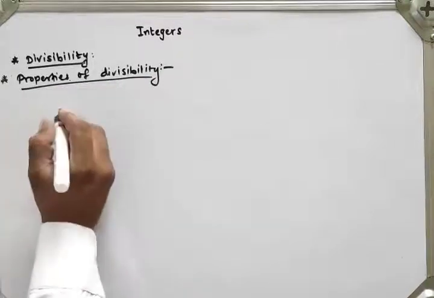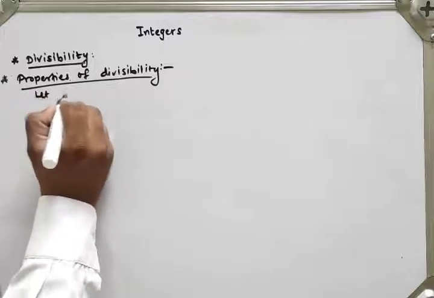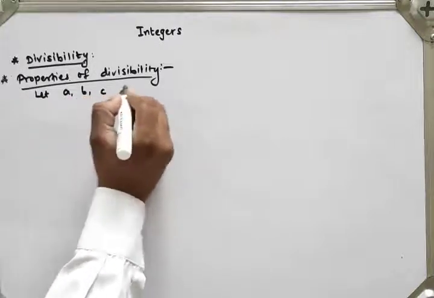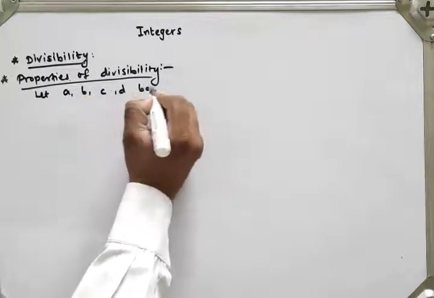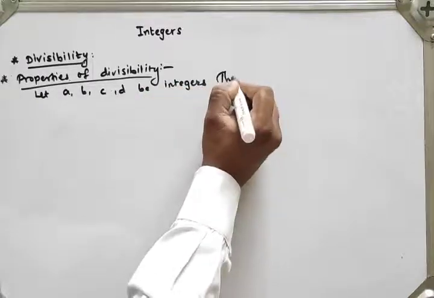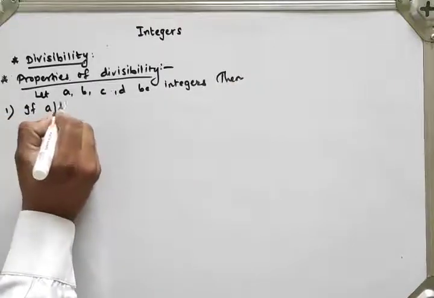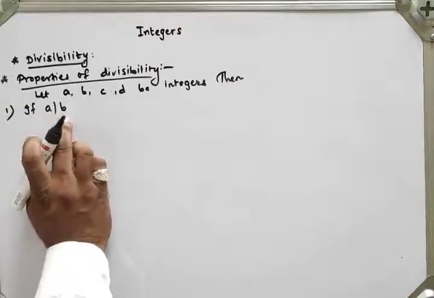So the first one: let a, b, c and d be integers. Then first, if a divides b. A divides b means what?